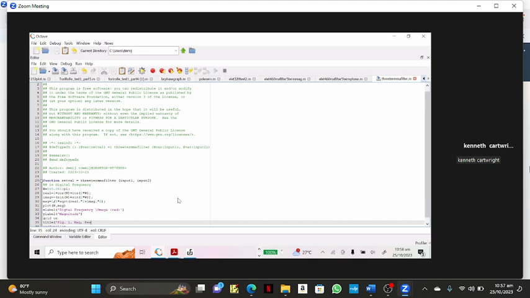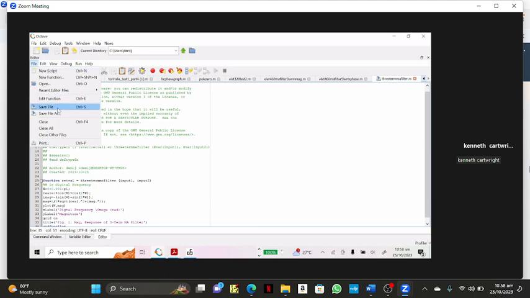Not third order, 3 term. 3 term moving average filter. Okay. And now let's close that. Let's save that.